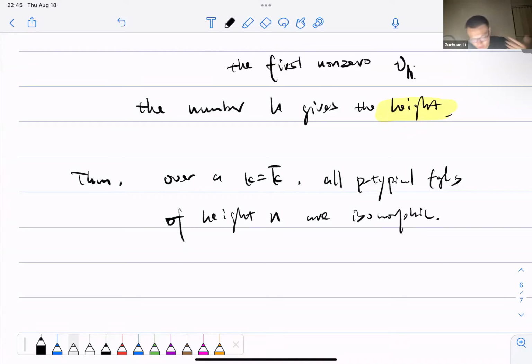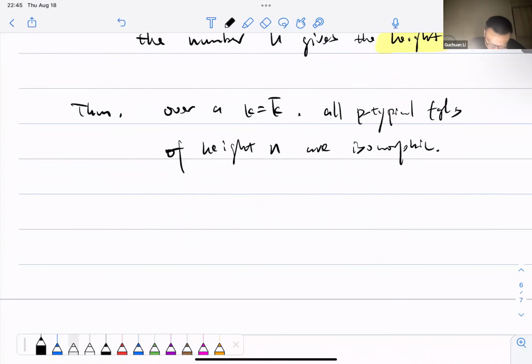So first we see over Z_p, you only need to study p-typical formal groups, and later on we see that if you are over a nice field, then all you need to study is a height n formal group. That's all of them up to isomorphism.